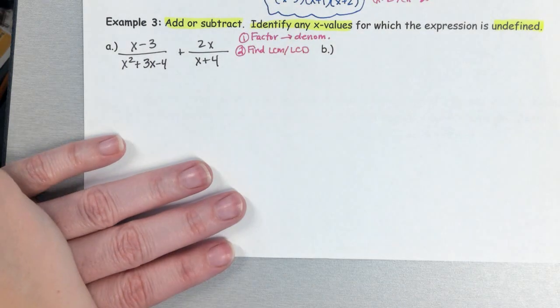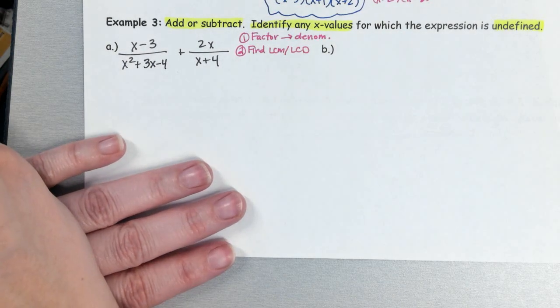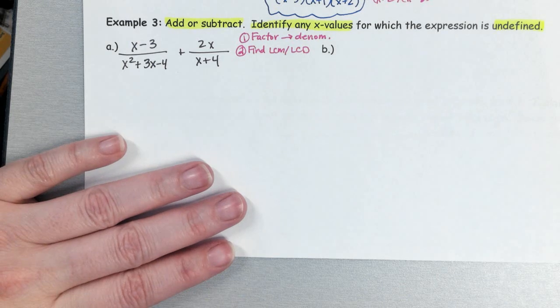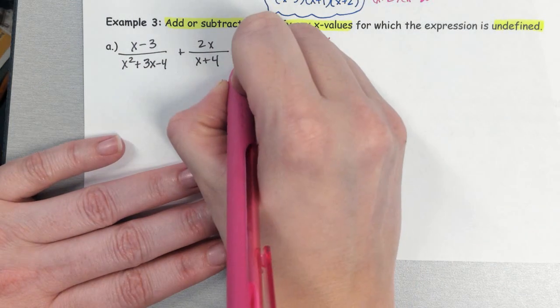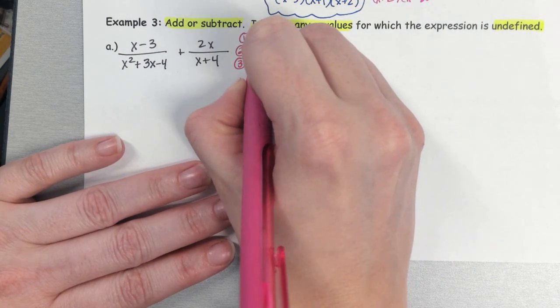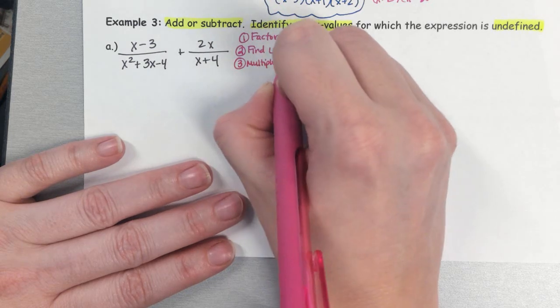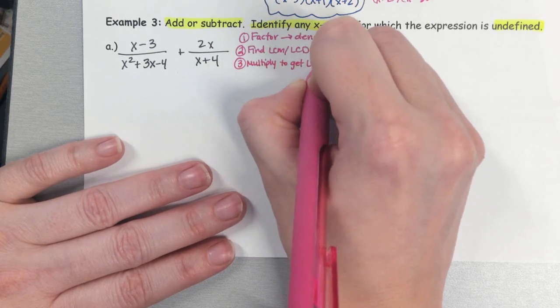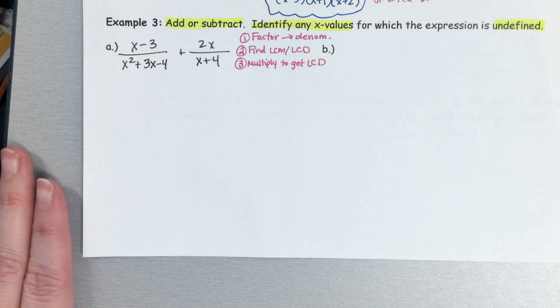We are going to have a denominator. The LCM is the LCD, least common denominator. Okay, and then once you do that, you multiply to get your LCD. That's going to change depending on the problem.